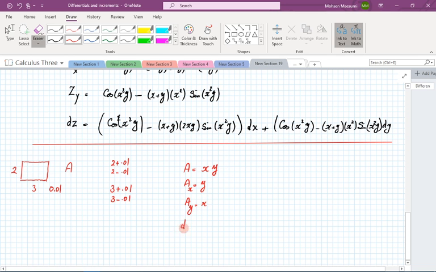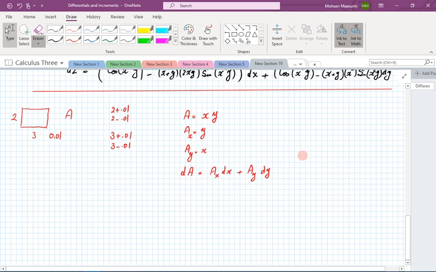So if I want to estimate what is the error in my area, I use the differential of A, so that is A sub x dx plus A sub y dy. So I have two contributions to my overall error. One is because of the error that I make on this side, another one due to the fact that I'm making error on the other side, and the combination of them is going to be my overall error.